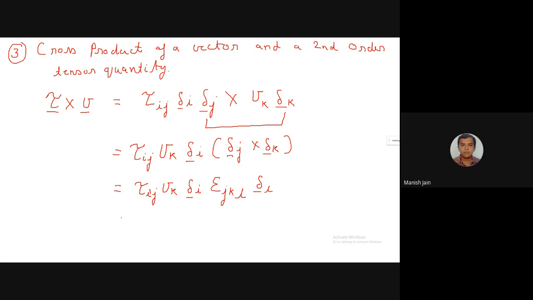So your final value will be tau ij vk epsilon jkl. This is the magnitude, multiplied by del i del l. So this is a second order tensor quantity.